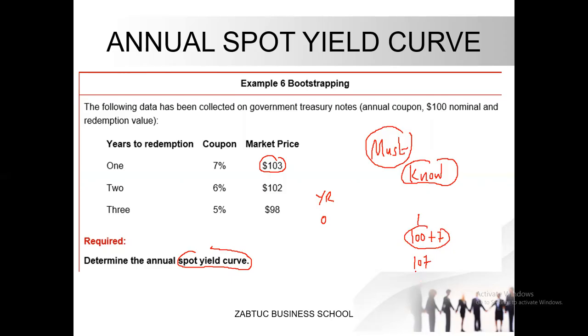So we're saying this bond is trading at 103. So there's a discount factor which we don't know. So this figure multiplied by the discount factor, which we are looking for, should give us how much? 103.